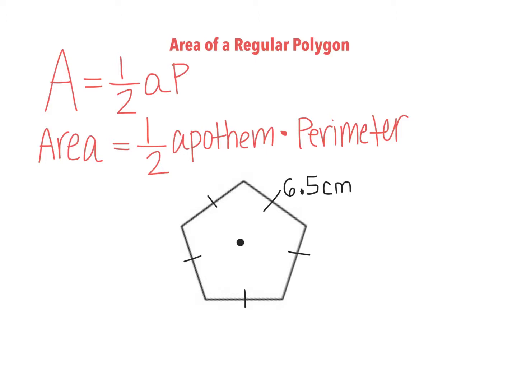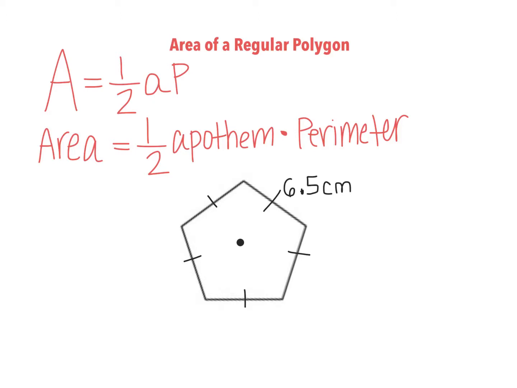Okay, now I'm going to erase the apothem that I just drew right here because I want to start showing you how we can determine what the apothem is whenever it's not given to you, since we need to know the apothem in order to figure out the area of the polygon.